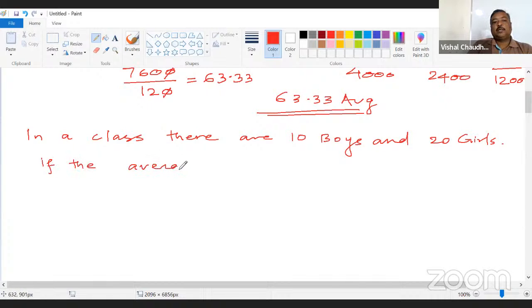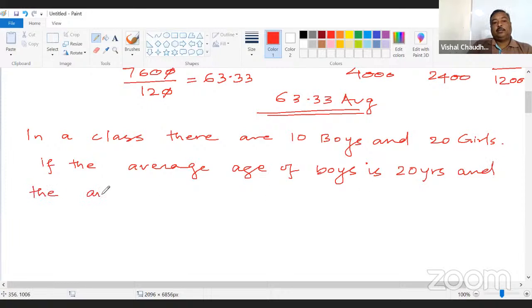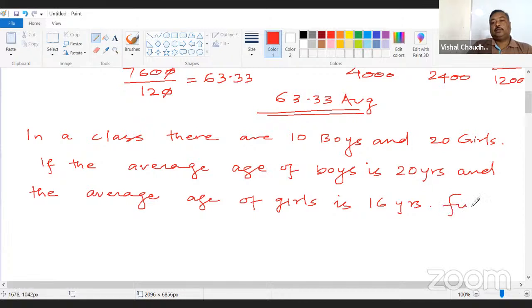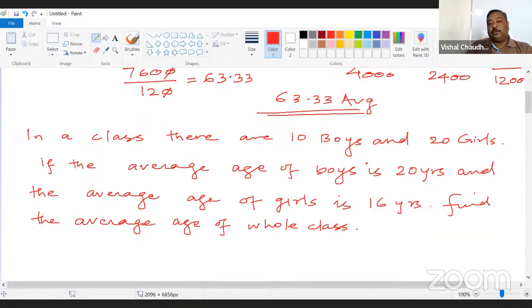If the average age of boys is 20 years and the average age of girls is 16 years, find the average age of the whole class. So how are we going to do it?